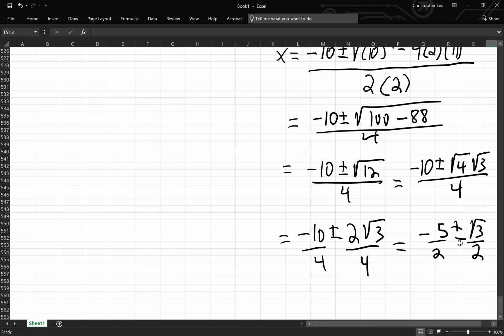What about the plus and minus? It's always there. It doesn't disappear, because the radical is there, yeah.